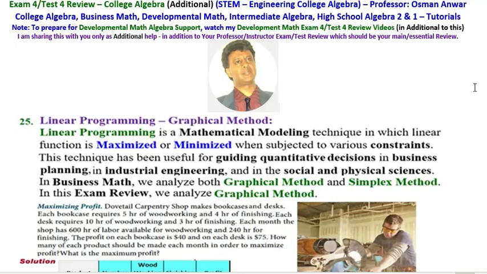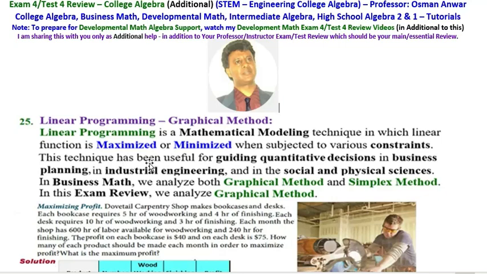Number 25 is linear programming graphic method. Linear programming is a mathematical modeling technique in which a linear function is maximized or minimized when subjected to various constraints.